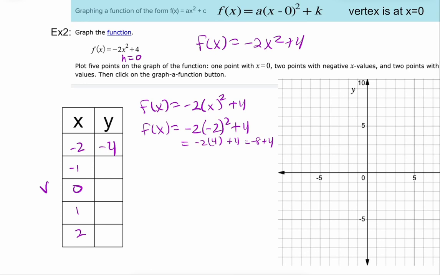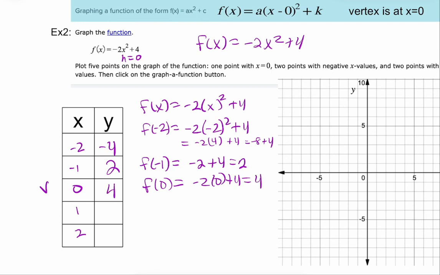But if we plug in -1, we're going to get -2 times -1 squared, which is -2 times 1, or -2, plus 4 is 2. If we plug in 0, we should get -2 times 0 plus 4, which is 4. Now we should see a symmetry happening.